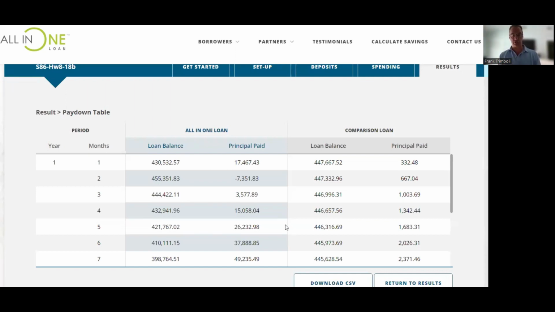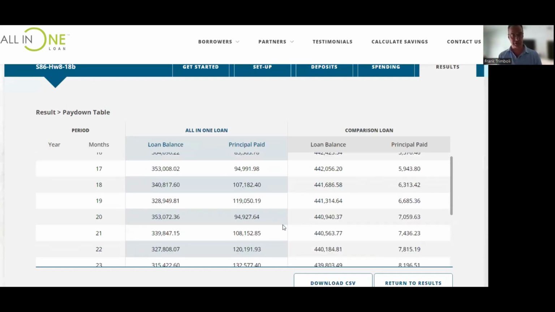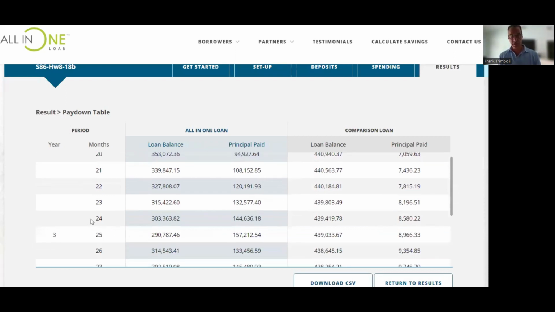Here we're going to go to 24 months, 2 years in. If you look at the right-hand side, you've paid off less than $9,000 of your mortgage, $8,500 to be exact. That's the right-hand side on the comparison. On the left-hand side, you've already paid off $144,000.